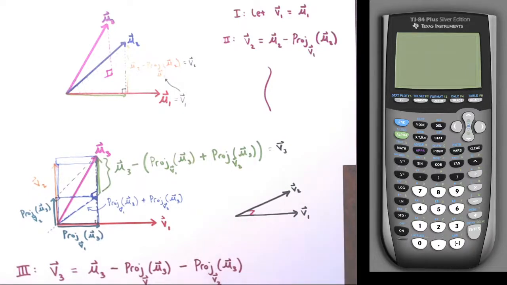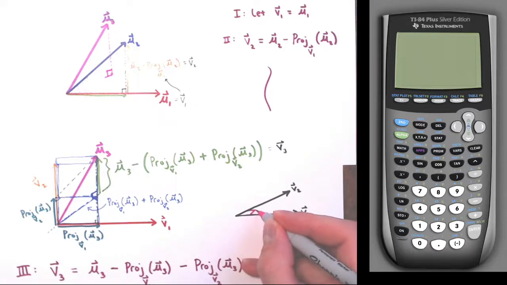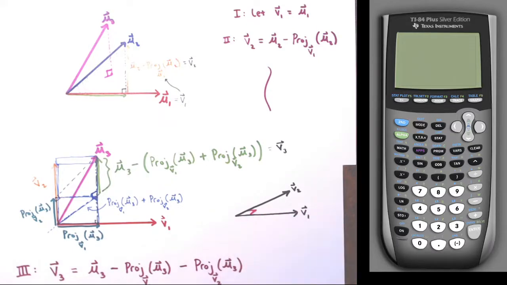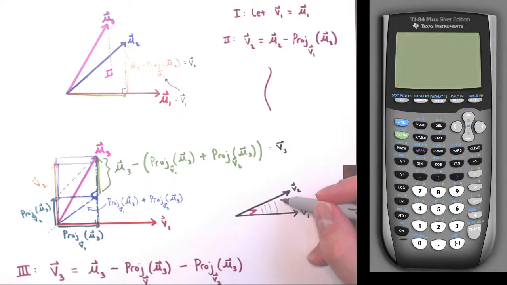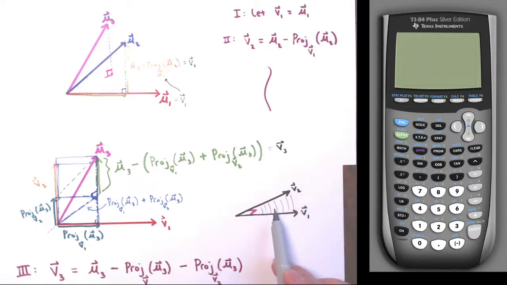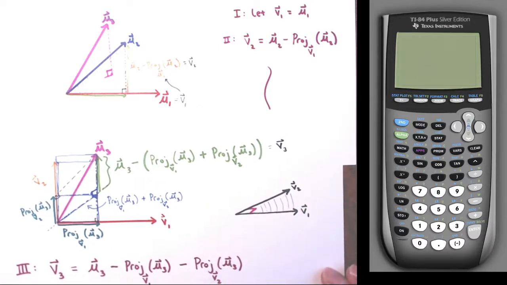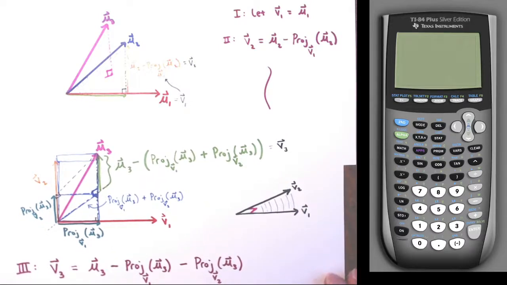They're perpendicular. Maybe stretch this out a bit, like that. Now what I want to do is find a third vector that's perpendicular to this plane, right? Because these two vectors span a plane, and what I would like to do is find a third vector that's perpendicular to them.